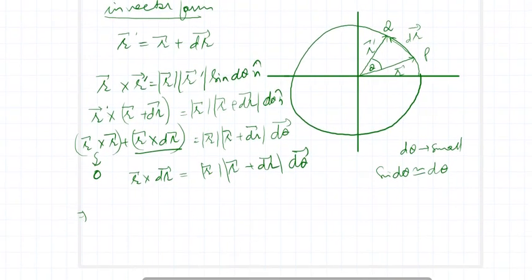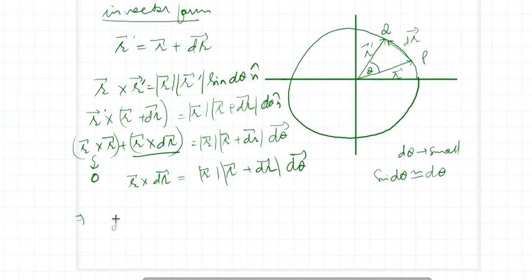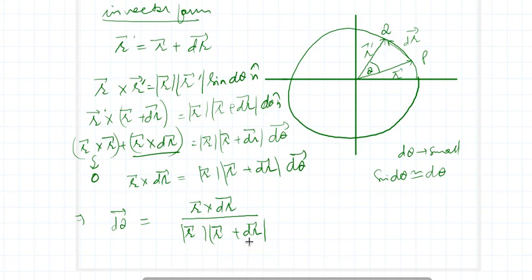So d theta vector comes out to be r cross dr vector divided by r plus dr. Since dr is a very small quantity, in the denominator this can be ignored. So we can simply write it as nearly equal to r cross dr divided by mod of r square, right?